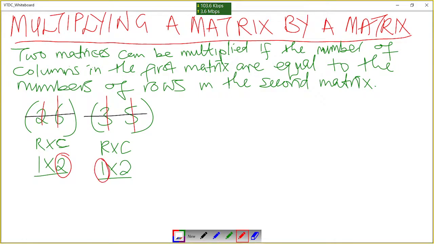There is 1. Are these numbers, 2 and 1, equal? The answer is no, they are not equal. So since they are not equal, these two matrices cannot be multiplied.